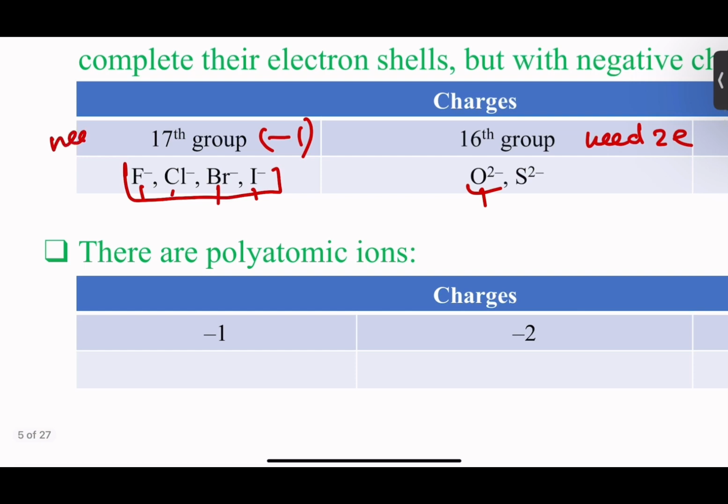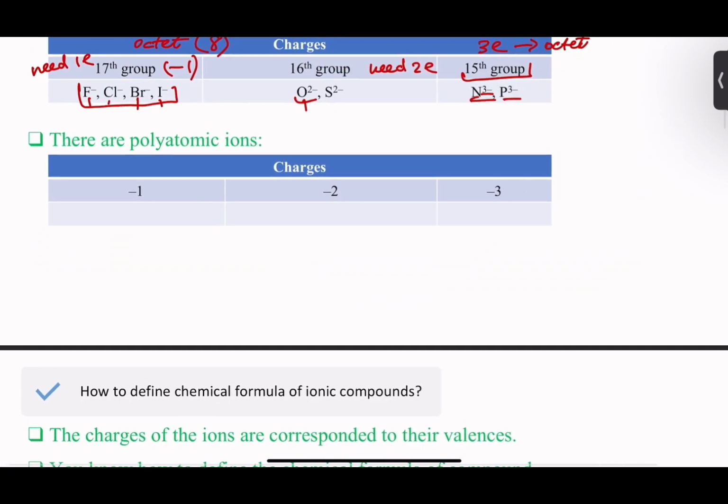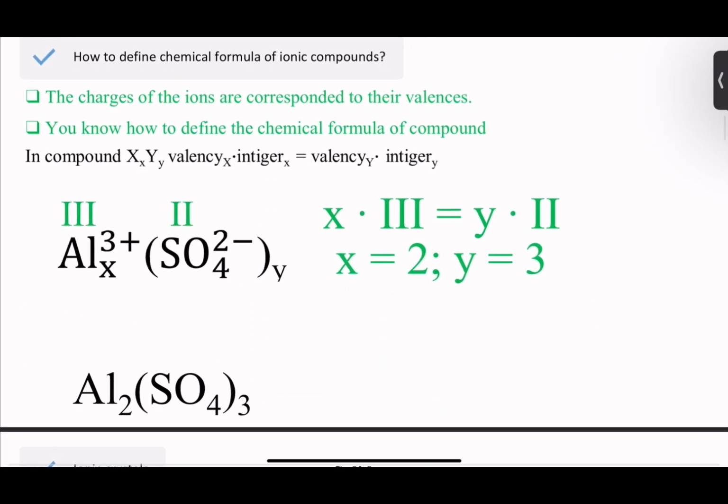Group 17 just needs 1 electron to complete the octet. Then the 15th group, nitrogen, becomes -3 because it needs 3 electrons to complete the octet. And then polyatomic ions: for -1, we have nitrate, for example. For -2, we have carbonate. And for -3, we have phosphate.